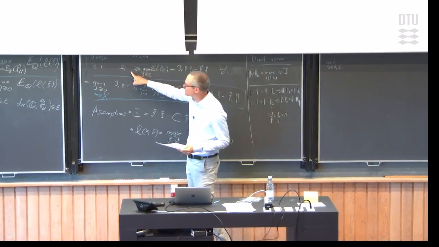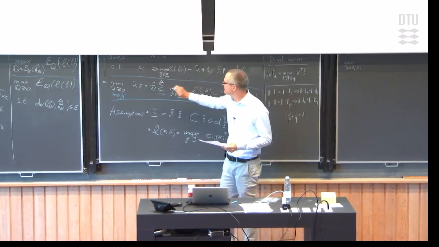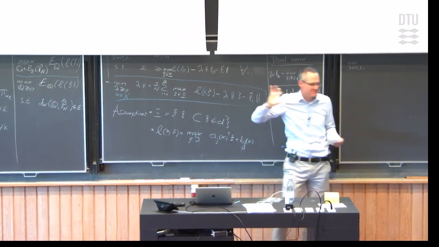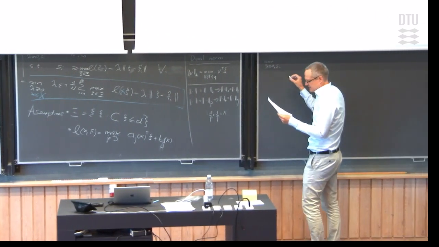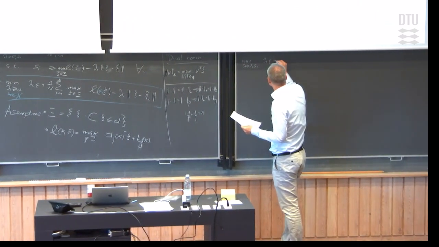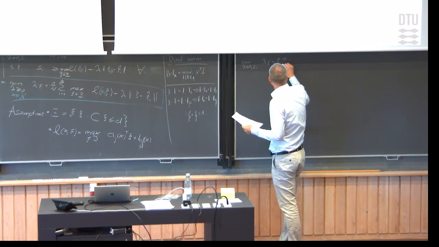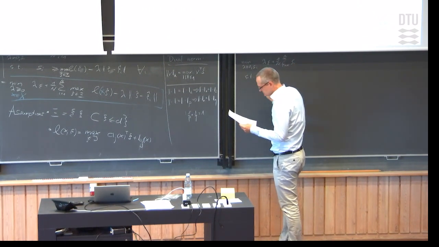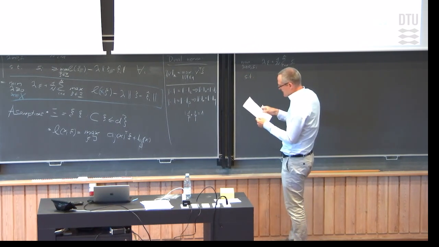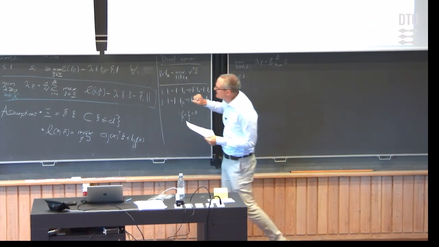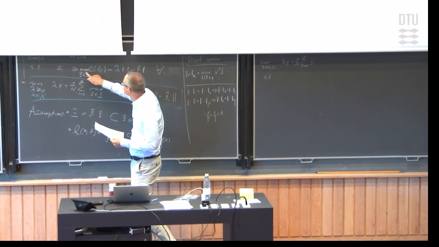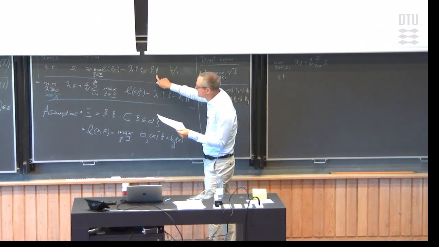I'll go back to this formulation, okay? I use this one, okay? So my objective is lambda epsilon plus 1 over n, sum from i equals 1 to n s_i, subject to, and now I have this constraint here.